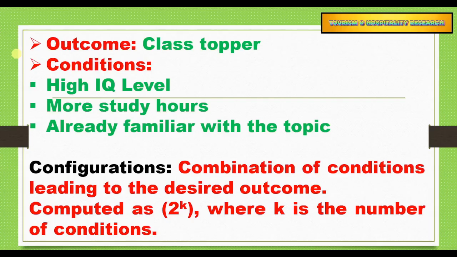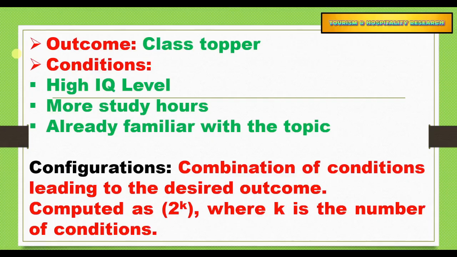Giving you one more example, a student might have a high IQ level, but doesn't put in more study hours and is also not familiar with the topic beforehand. So in this case, we see that only the IQ level will lead to the outcome, that is being a class topper. So I hope now you have understood how fsQCA works.